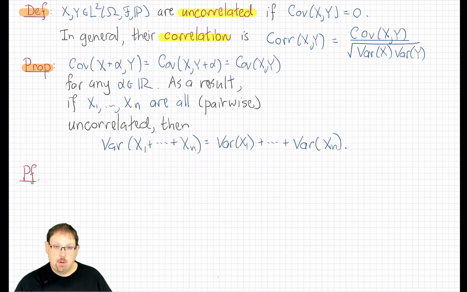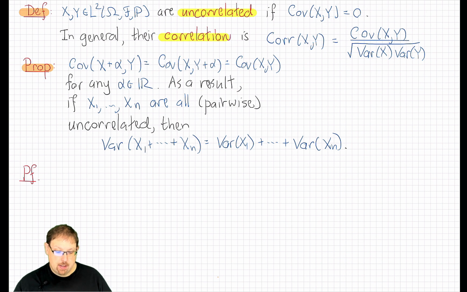We say that two L2 random variables are uncorrelated if their covariance is 0. Now, covariance, remember, is an inner product. It's an inner product of the centered random variables. So uncorrelated random variables are those whose centered versions are orthogonal in L2. That's a geometric sounding quantity. We'd like to understand what it means probabilistically, and we will head in that direction shortly.